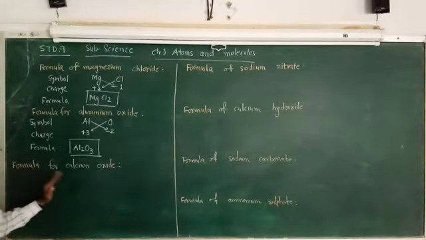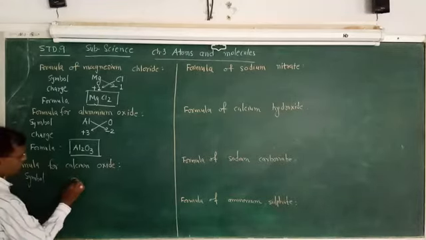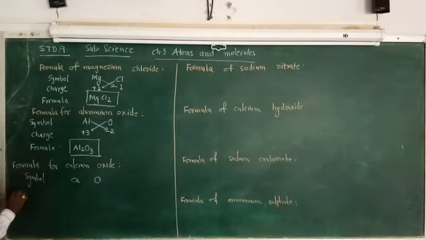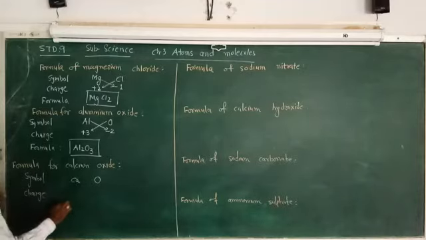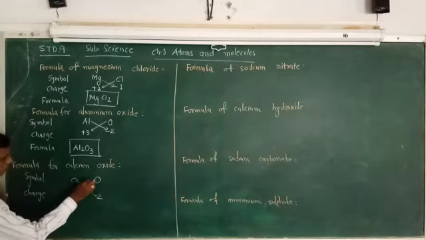Similarly, the formula for calcium oxide. First write the symbol: calcium Ca, oxygen O. Now write the charge. Charge of calcium is +2, oxygen is -2.